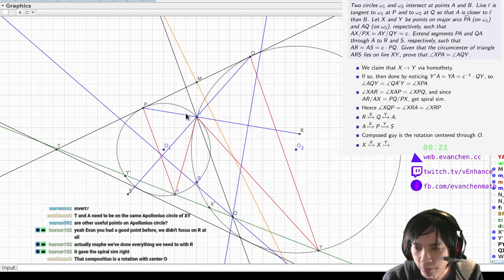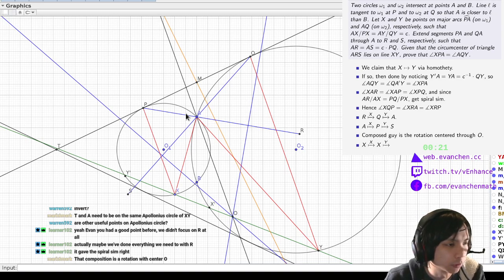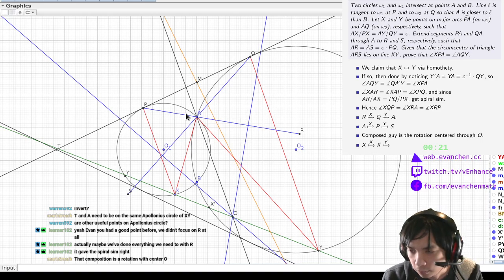Or better yet, why don't I feed O to the homothety? I expect it to land back at O, so that will tell me some non-trivial information. It tells me that... so where's the question mark point?